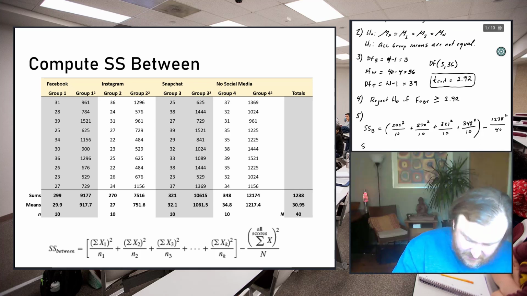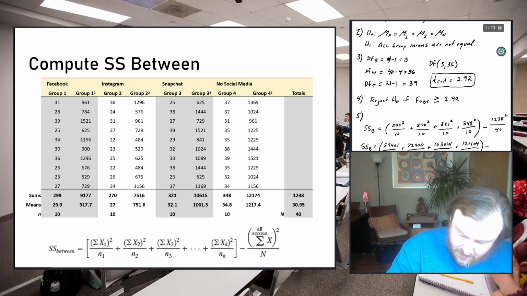So this gives us 89401 over 10 plus 72900 over 10 plus 103041 over 10 plus 121104 over 10 minus 1,532,644 over 40.